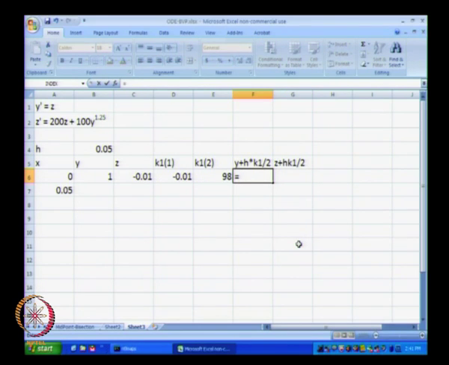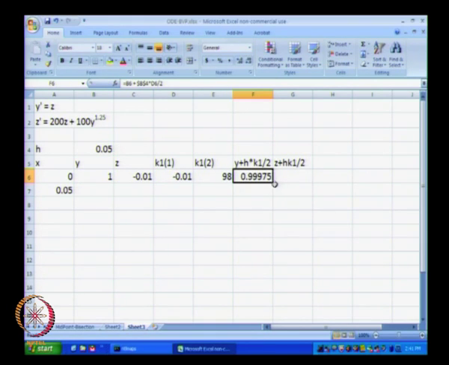So, this is essentially what we want, and again this is what we have done in the previous lecture of this module also. So, we have y plus h multiplied by k11 divided by 2, and I press F2 over here and edit this by putting dollar signs, so that when I drag and drop our h value does not change.